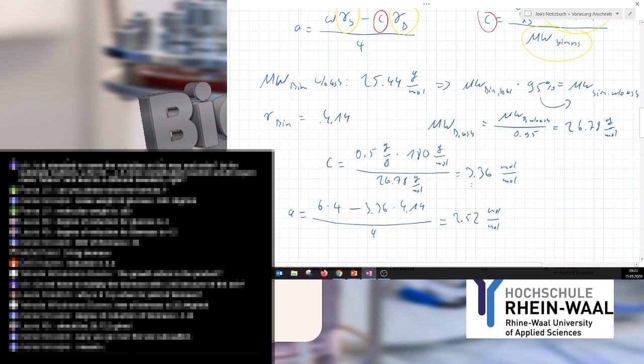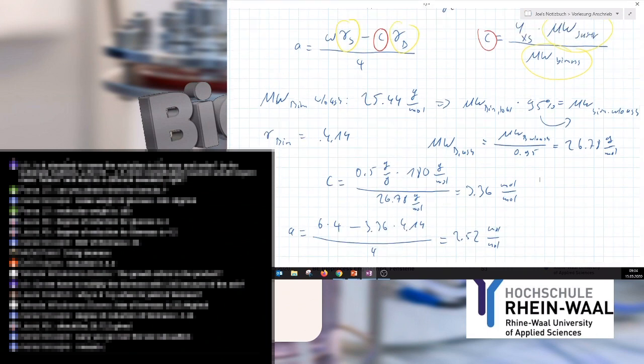And then I put this 3.36, this is my C, and this goes in here. And this is then my A. So that's straightforward. This is really a basic calculation you really need to know. You will see that this is very important, especially when it goes to energy balances. Okay.